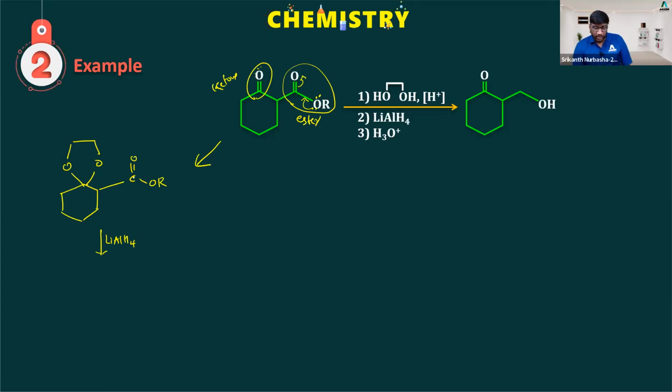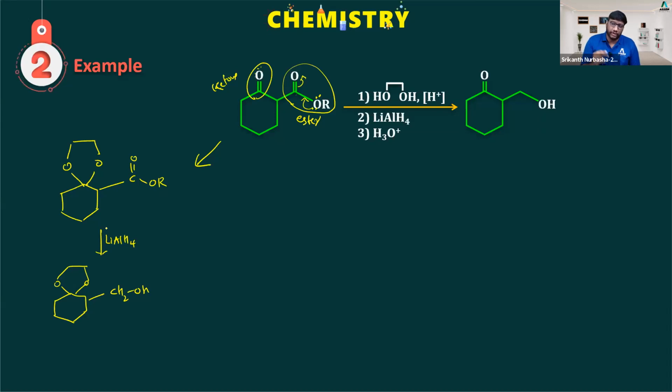So this is an ester group. C double bond OR is going to be converted to the respective alcohol. The cyclic ketal will not be affected, and you will have CH2OH formed. Lithium aluminum hydride will try to reduce all polar functional groups which contain polar pi bonds.